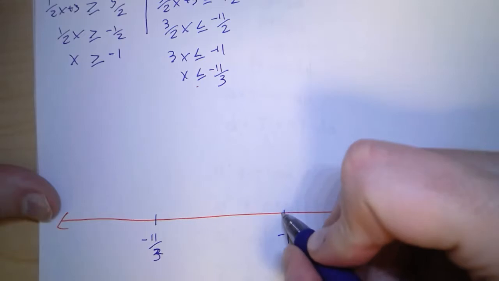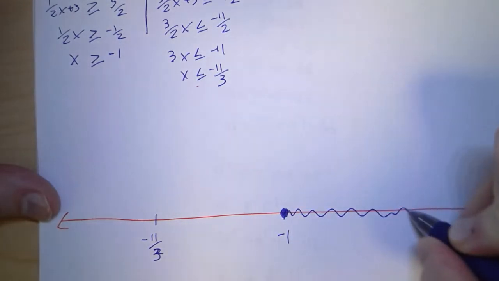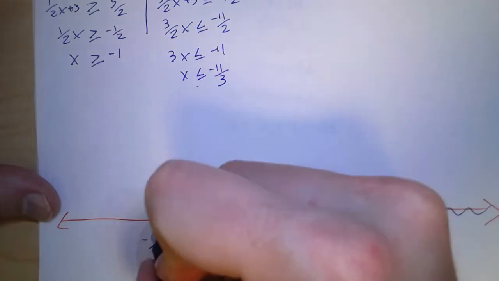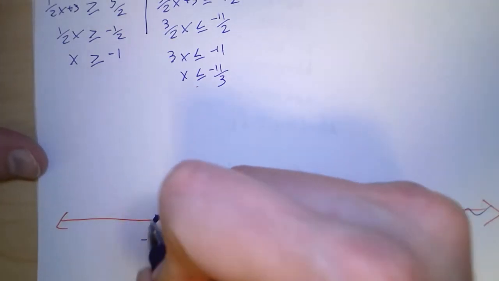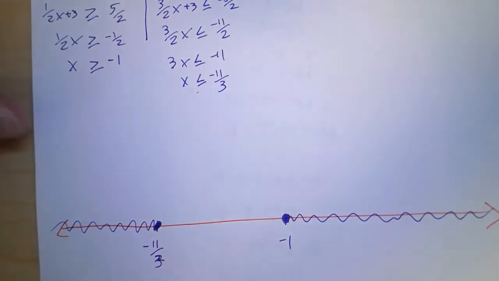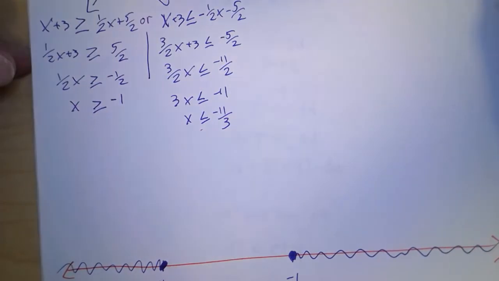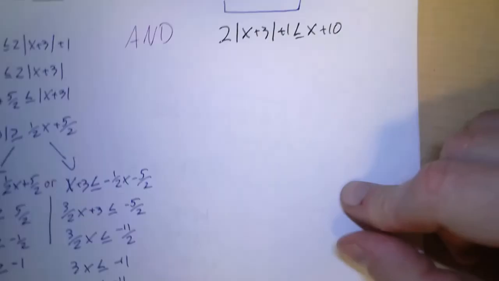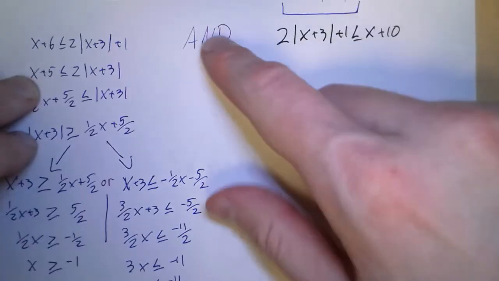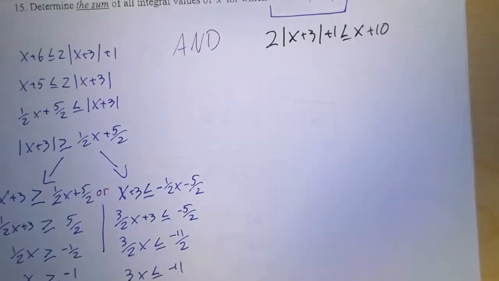We said that it's greater than or equal to negative 1, so I'll shade that part of the number line, and it is less than or equal to negative 11/3, so I'll shade that part of the number line. Now, we also need to figure out what solutions fit this, because it's not enough just to have this, we also need to find out what numbers also fit this one too.